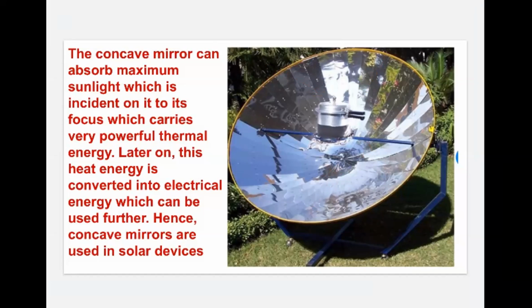All the sunlight comes and focuses at this point. Why? Because the cooker is placed at the focus. Later on, this heat energy is converted into electrical energy which can be used further. So, concave mirrors are used in solar devices.